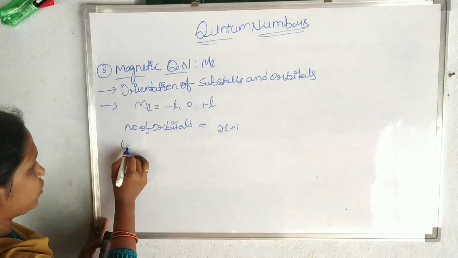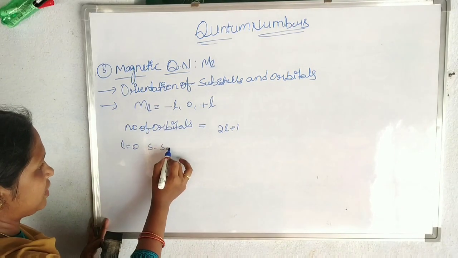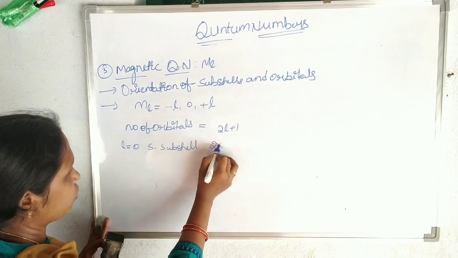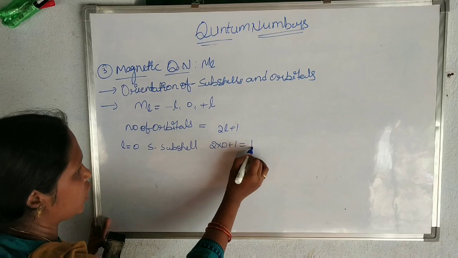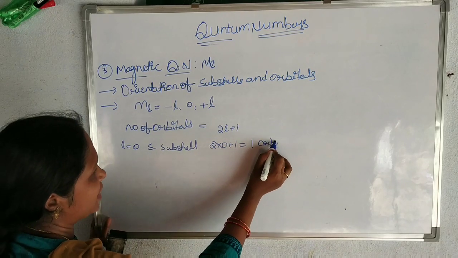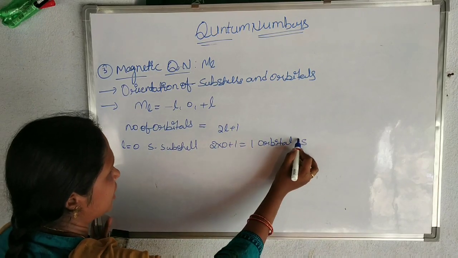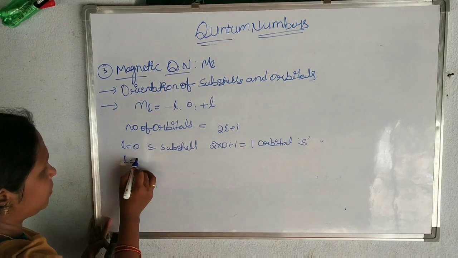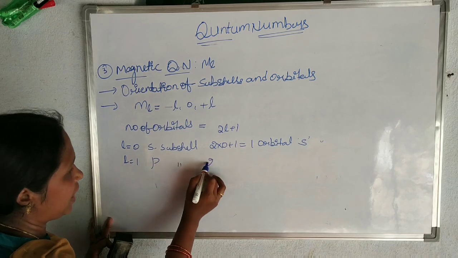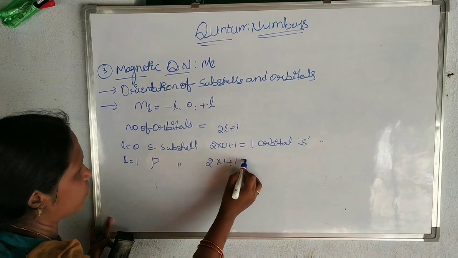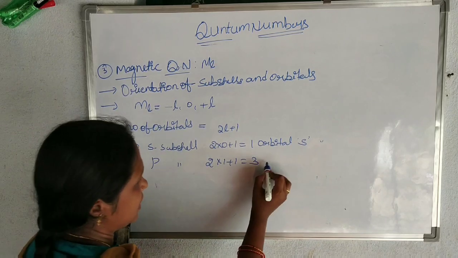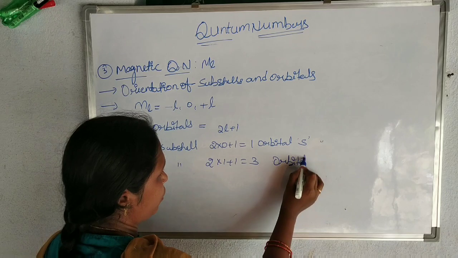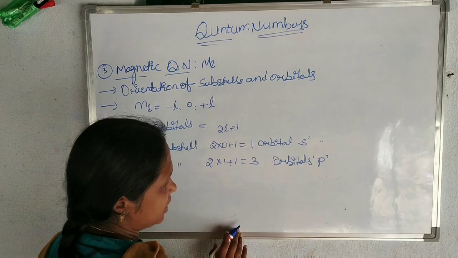We know L equal to 0 means S subshell. It has 2 into 0 plus 1, that means one orbital, which we call the S orbital. L equal to 1 means a P subshell. It has 2 into 1 plus 1, that equals 3 orbitals, known as P orbitals.